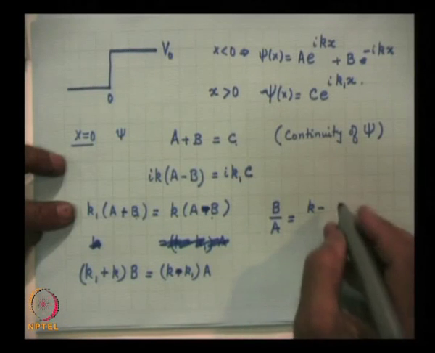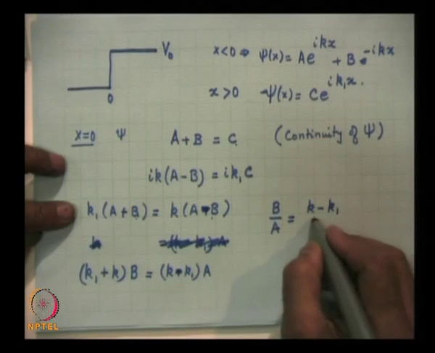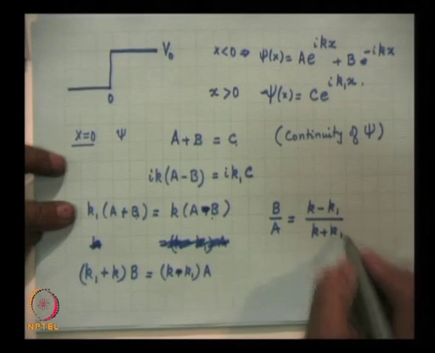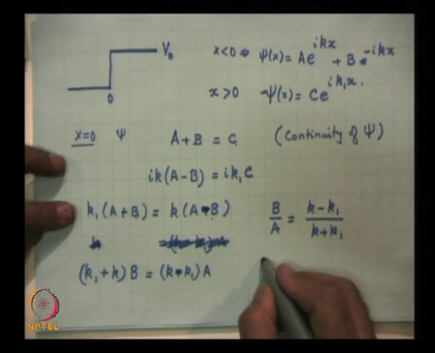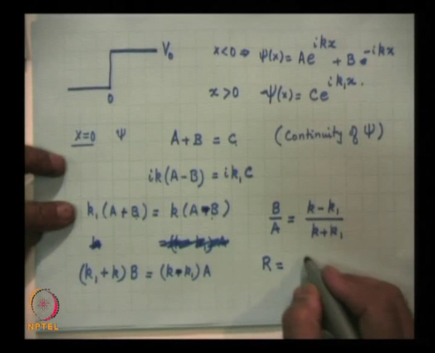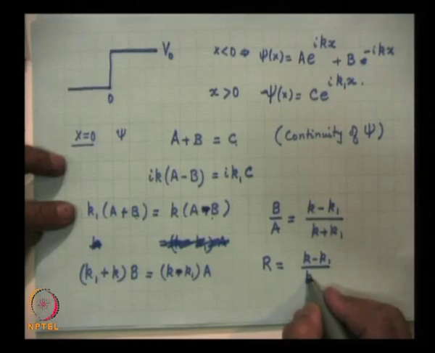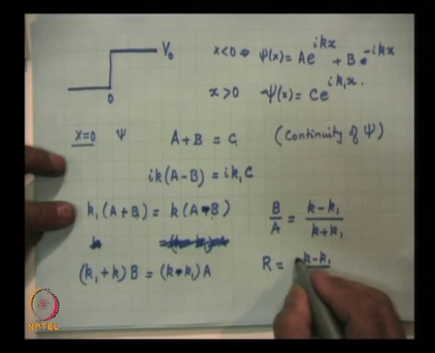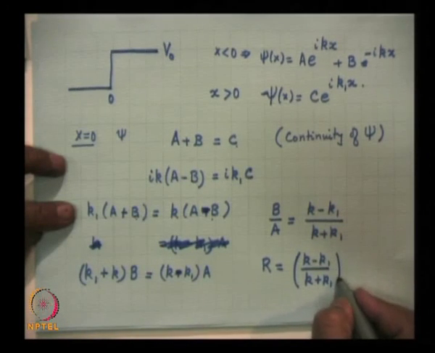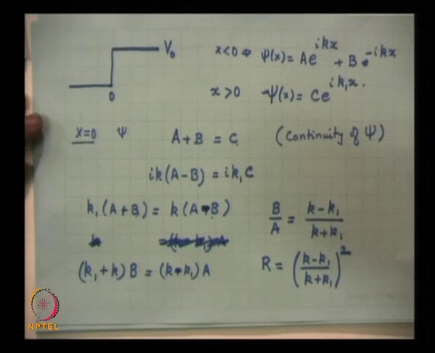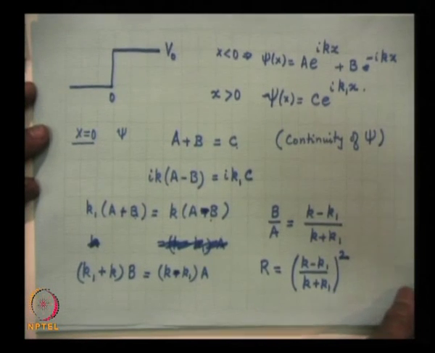So b by a will be k minus k1 divided by k plus k1. So the reflection coefficient will be k minus k1 divided by k plus k1, whole square. Okay, so this is one expression.